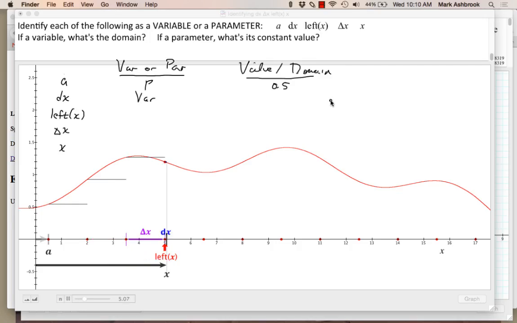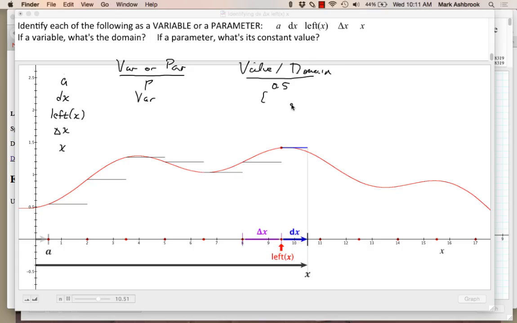It always starts at left x, it always starts at the red. And then it's this increasing distance to right there, and then it starts over. So what's the domain of that? It starts here, right? It's a distance.